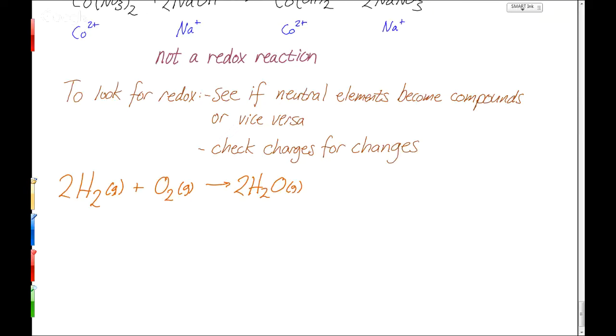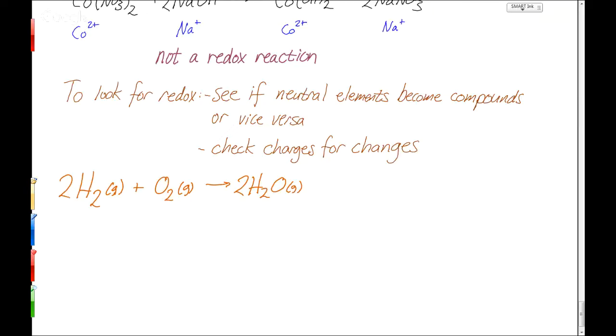The neutral elements became compound. Yeah, neutral elements become a compound. So this is one where it's not easy to try to figure out the charges because there's no metals. We can calculate it using some other techniques, but it's not easy to look for charges. But if we recognize that we've got neutral elements on the left and we've got a compound on the right, there has to be some change in electrons to make that happen.